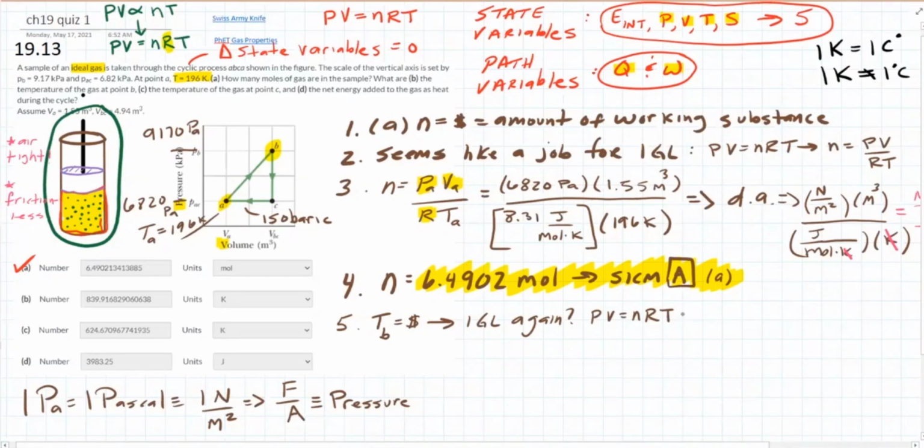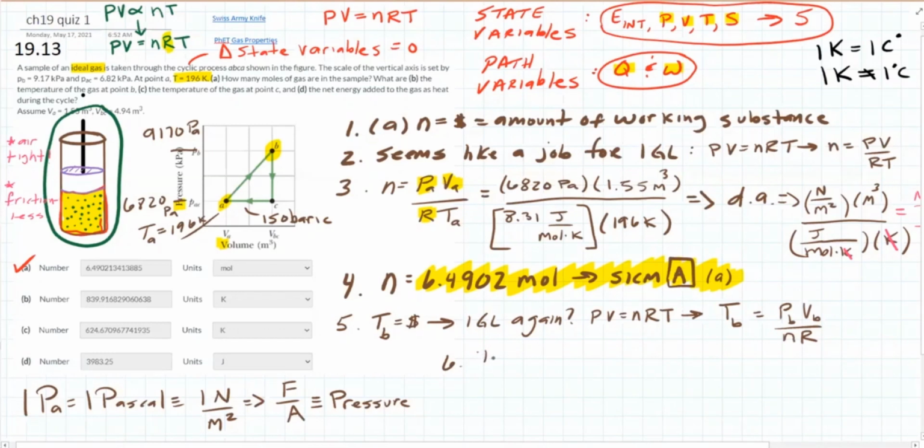So then I'm going to isolate the temperature at thermodynamic state B, which must equal the pressure at B, volume at B, all over N. And I don't have to subscript N because we're assuming it's a closed system, which means no material enters or leaves, over R. Okay, so let's just run with that and deal with the units.